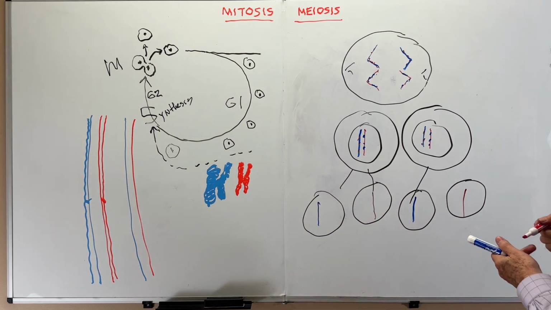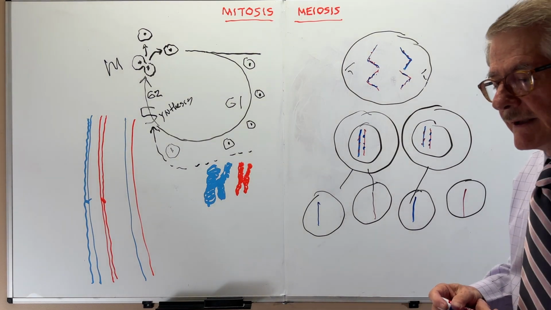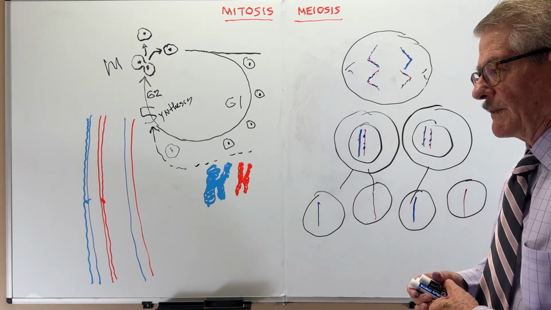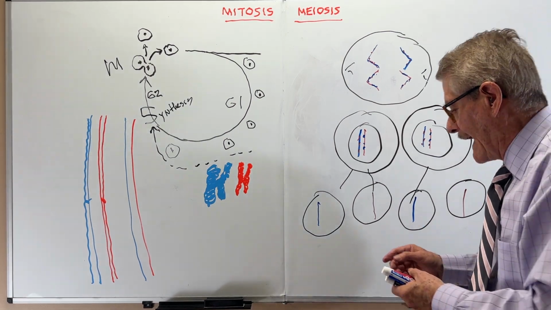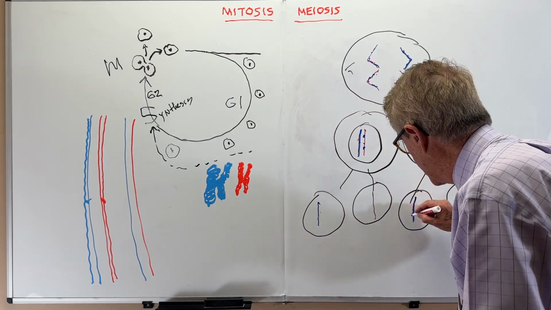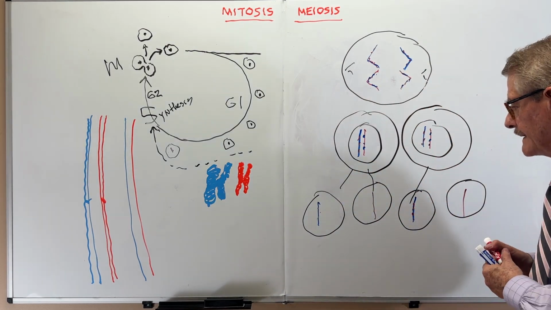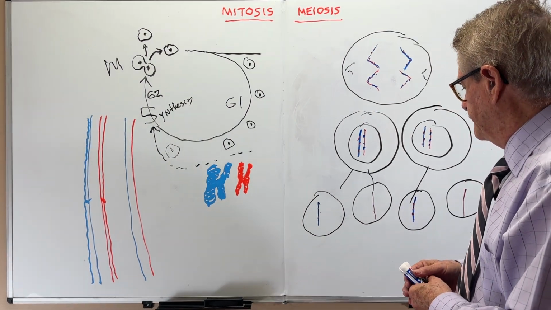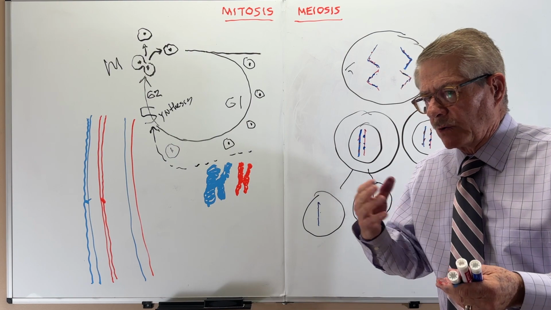In other words, they will only have one copy. They only have 23 chromosomes, not 46. Now, we know that these chromosomes are different. We'll go to that later.